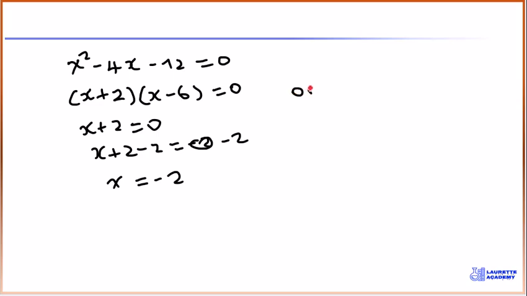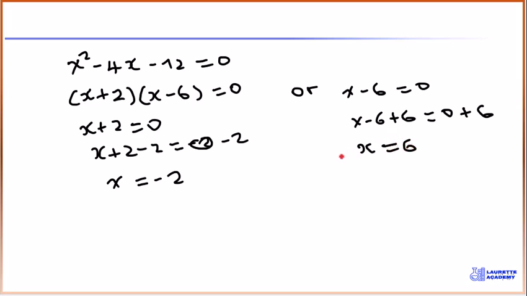Similarly, we'll have that x minus 6 is equal to 0. We add 6 to both sides of the equation, so we have x minus 6 plus 6 is equal to 0 plus 6. And so x is equal to 6.